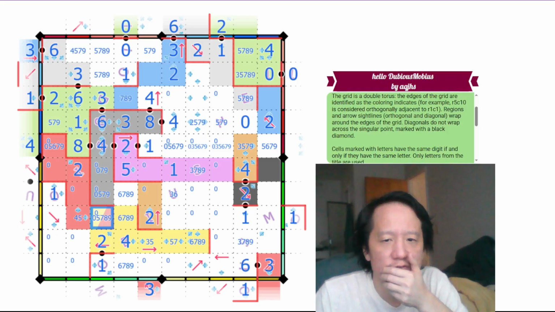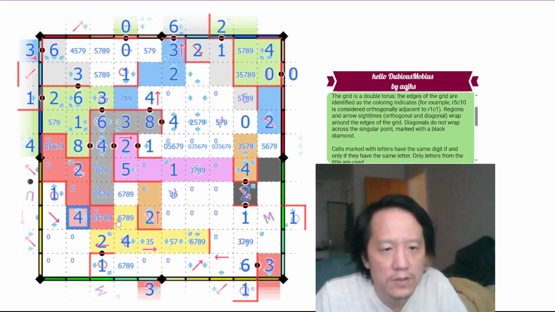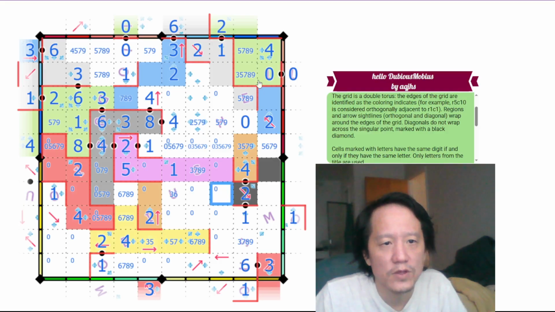Therefore, this must be 4 and is not yellow. So these are borders. So we have 1, 2, 3, 4, 5, 6, 7, 8, 9, 10. So green is all done. So this is all done.